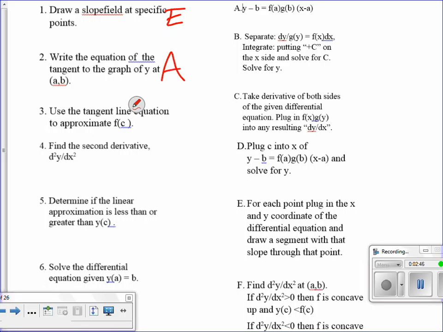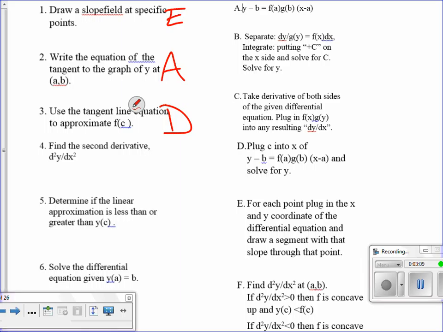Nice job. 3. Use the tangent line equation to approximate the function. C. Right, you're going to plug that value c in there. Okay, equation of tangent line. 4. Find the second derivative.